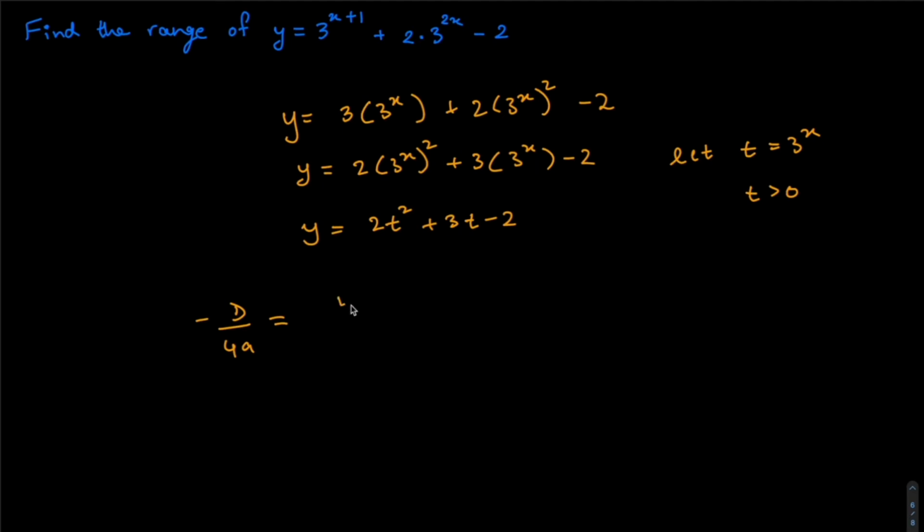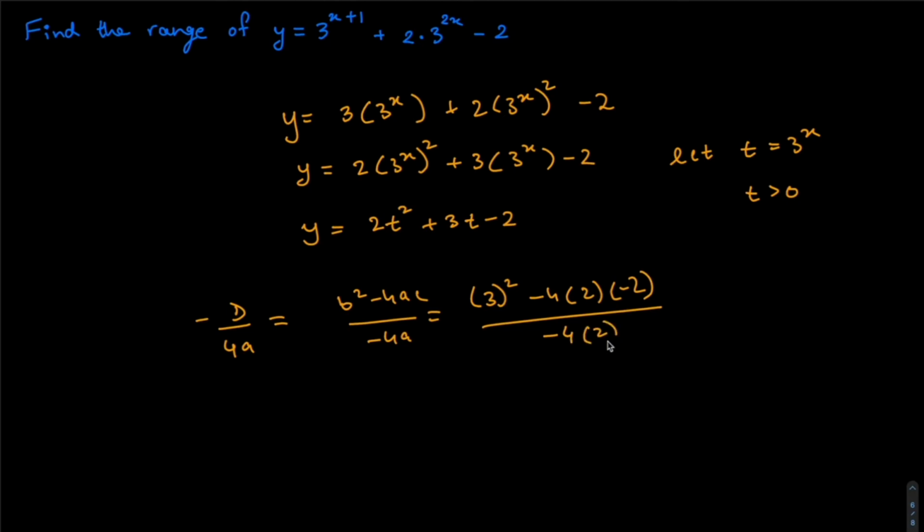What we have is minus (b squared minus 4ac) all upon 4a. So we're going to have 3 whole squared minus 4 times 2 times minus 2, and then 4 times 2, right? So we're going to have 9 plus 16 upon minus 8, right?